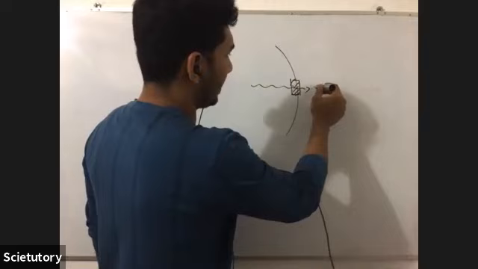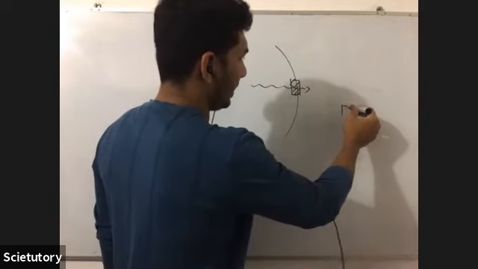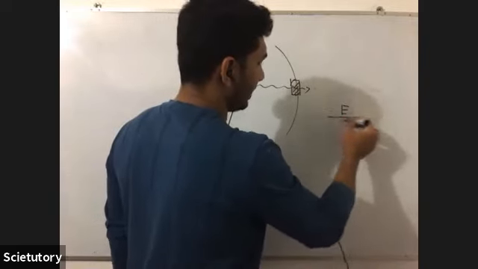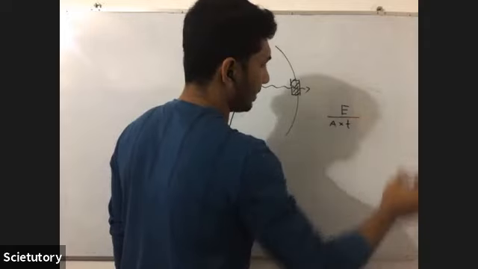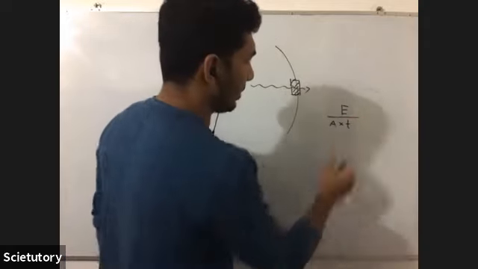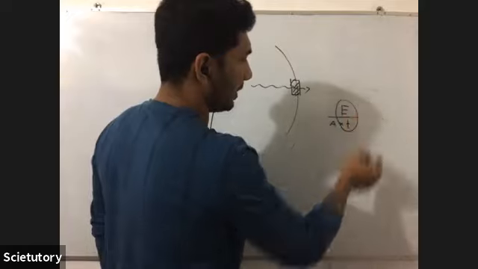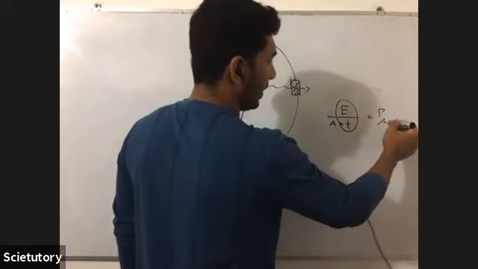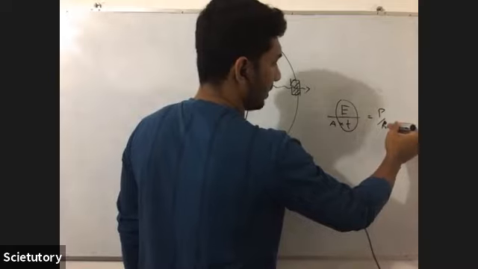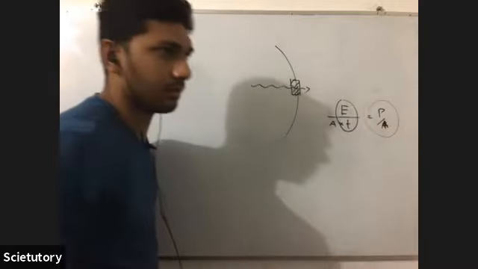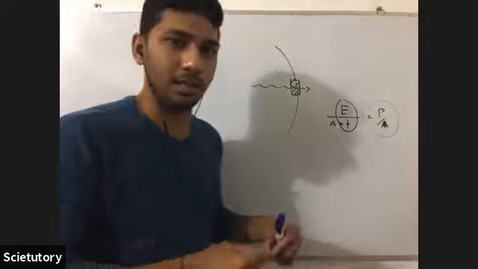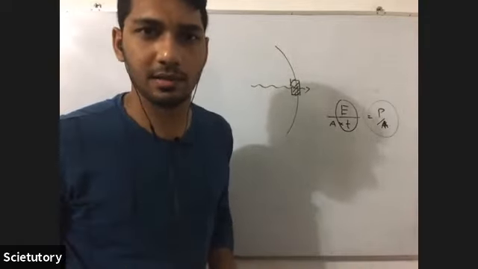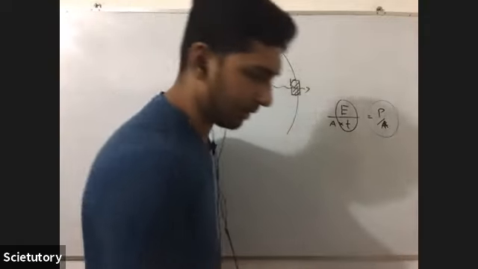So it is the energy divided by the area and the time. Here E over T is the power. So power over area is a broad definition for any intensity, and for sound also it's applicable.